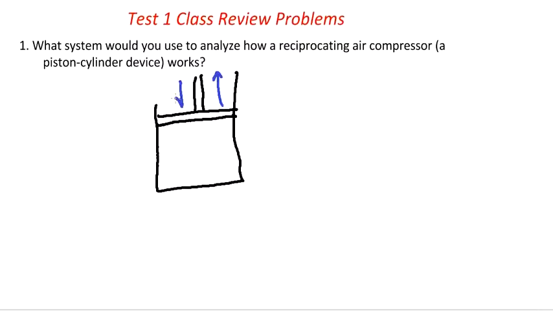This is producing work. So, work is transmissible, and heat can also come off of it. But the fluid itself is stuck inside. Can't go anywhere. This is pretty much the definition of a closed system. So a reciprocating air compressor is a closed system, and you would treat it as such.